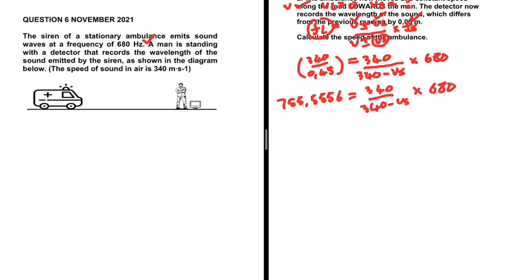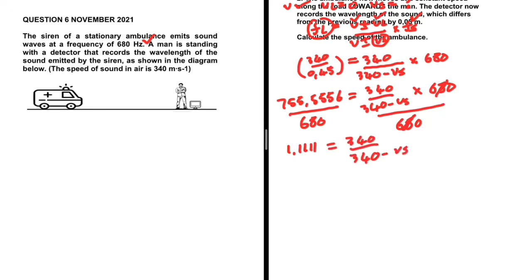So now I can divide both sides by 680. So 680 and 680 would cancel out. On the left hand side, I'm left with 1.1111 being equal to 340 divided by (340 minus Vs).